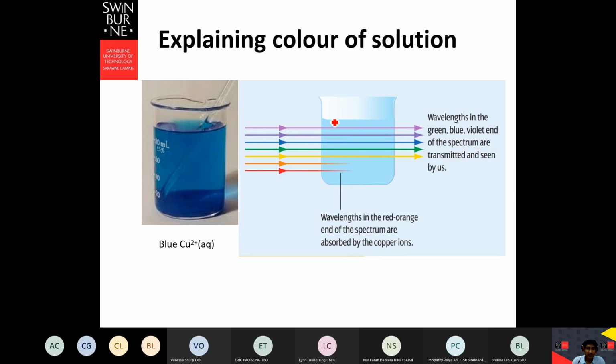Another thing is that when an object absorbs some wavelength of light, our eyes see the exact opposite of that wavelength. I'm coming to that.